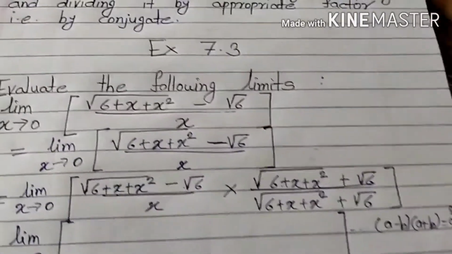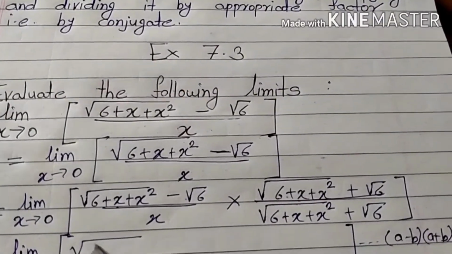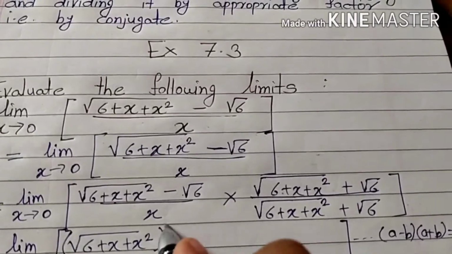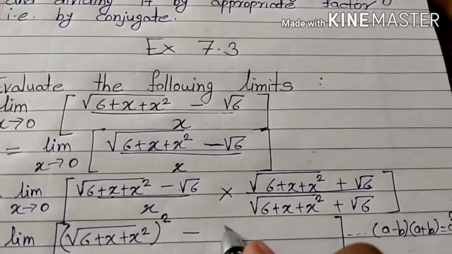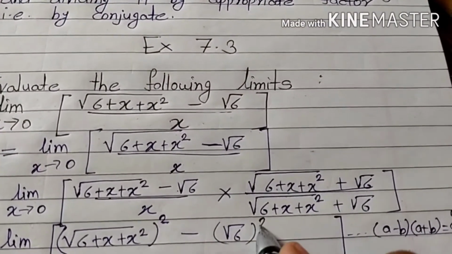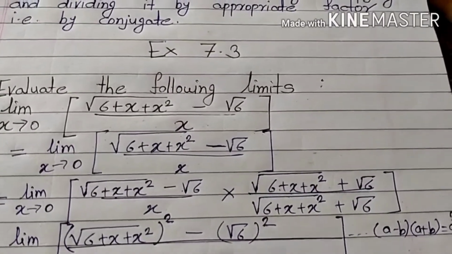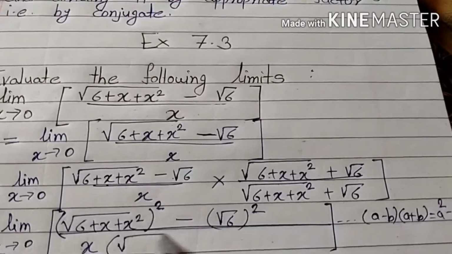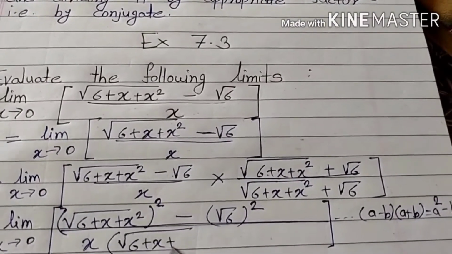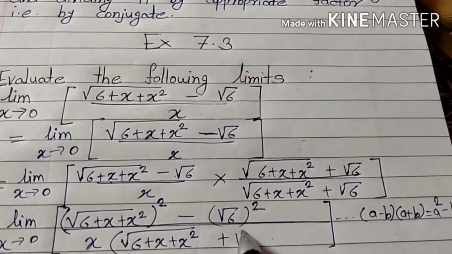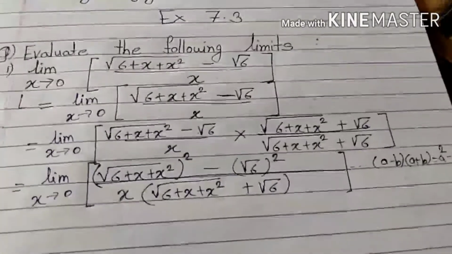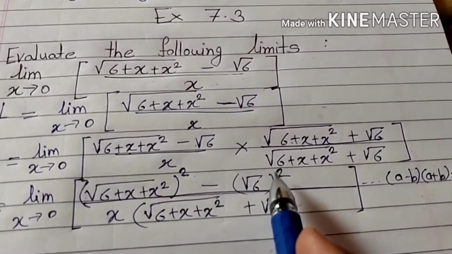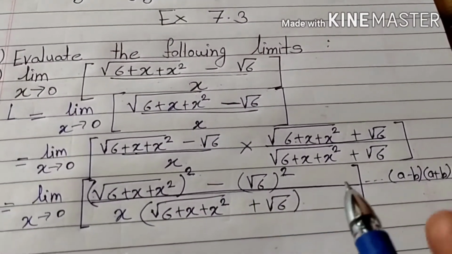So using that formula, you can write here 6 plus x square, and this is squared, minus b square, divided by x into root of 6 plus x square plus root of 6. Now this square and square root get cancelled. Here also square and square root get cancelled.